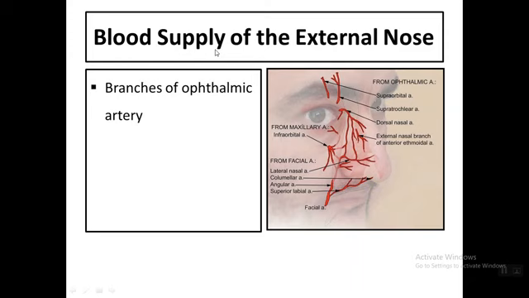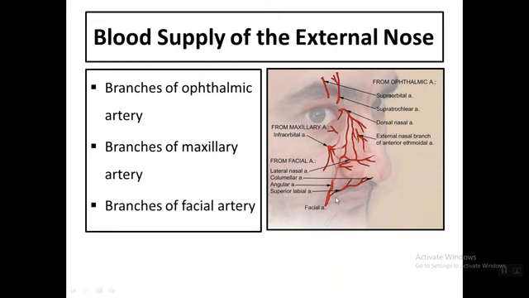The blood supply of the external nose is derived from branches of the ophthalmic artery, branches of the maxillary artery, and branches of the facial artery. The facial artery gives a branch called the superior labial artery, which gives a branch called the septal branch of the superior labial that supplies the septum of the external nose.